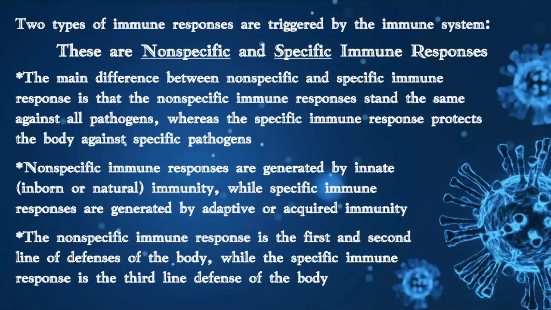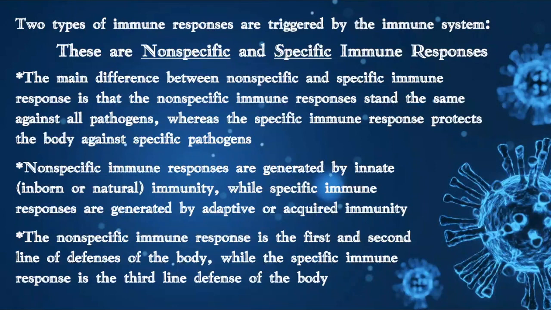We're going to go into more detail about this, but this can be like the skin. This can be just a physical response, or the enzymes or chemicals in your stomach or in your tears. It's going to stand against anything or as many different pathogens as possible. It's not specific only to the coronavirus. So it's very general. That's non-specific.